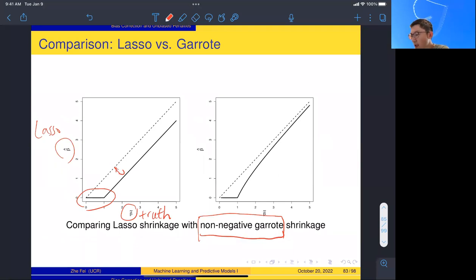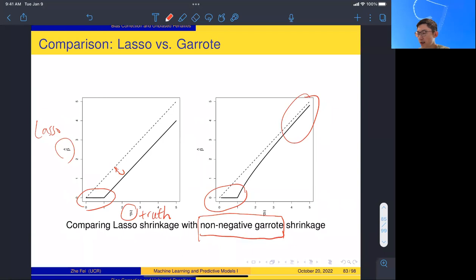It is biased. But the idea of non-negative garrote is that when the truth is small, the estimate is still exactly 0, so it achieves variable selection. But as your truth becomes larger, we see that the bias also becomes smaller.